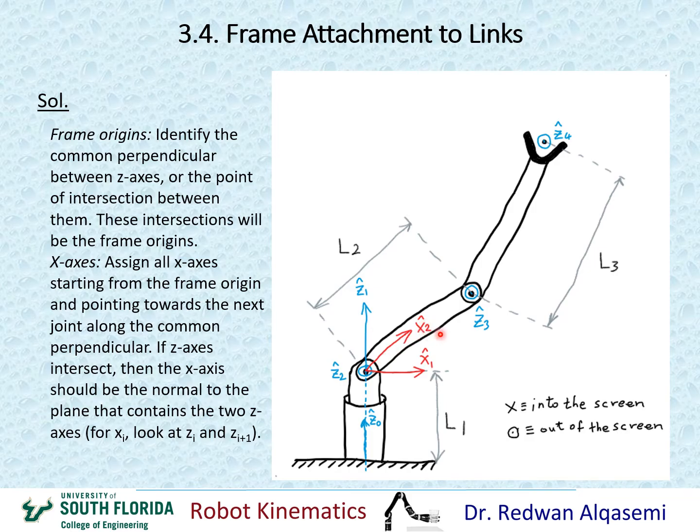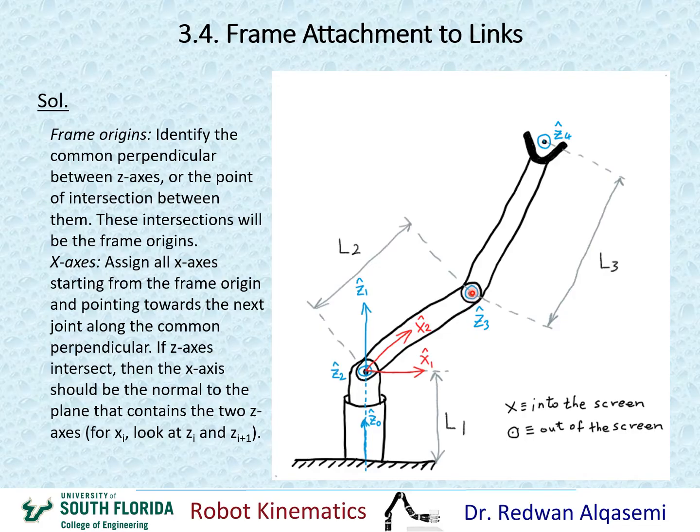All right, now we move on to the origin of frame 3. I should be looking at z3 and z4. Both of them are coming out of the screen, okay, and the common perpendicular is the line that goes from this point to this point. That would be a common perpendicular, which means that my origin of frame 3 would be right at this point.